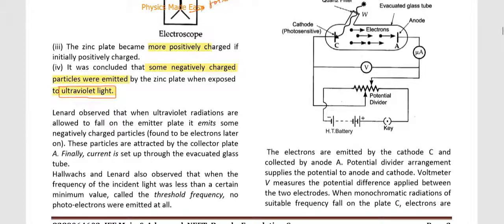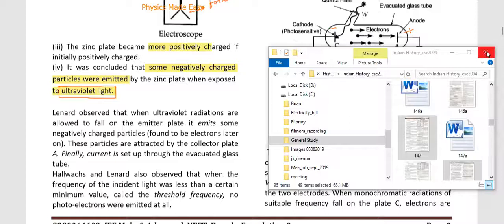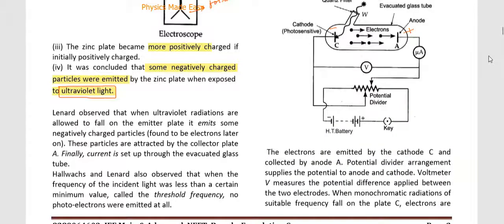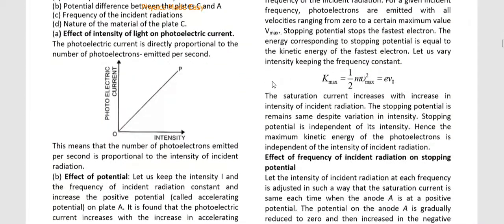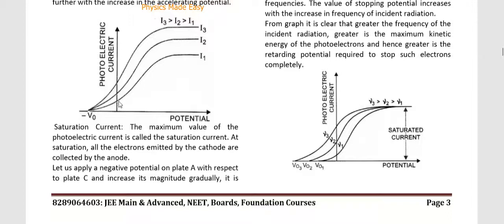This is positive and this is negative. Electrons are attracted towards anode. Here we have shown anode positively charged. As we are making anode more and more positively charged, here we are increasing the positive potential of anode. More and more electrons are able to reach the anode and current keeps on rising.